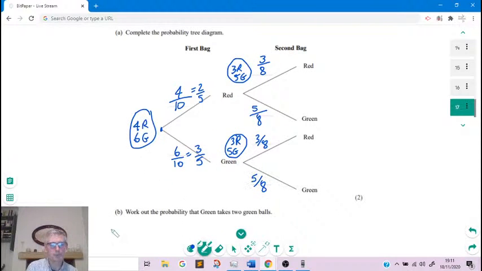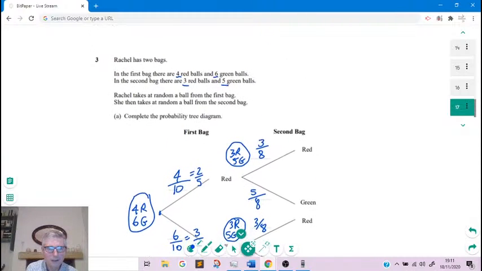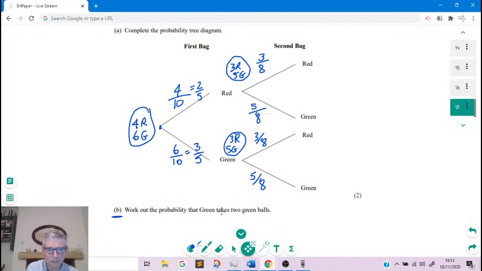What we've been asked to do in this question is work out the probability that Rachel takes 2 green balls. For Rachel to take 2 green, we've got a path to follow through this tree diagram.